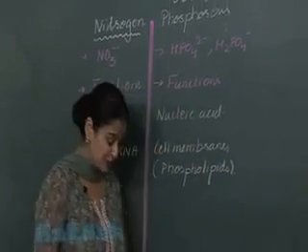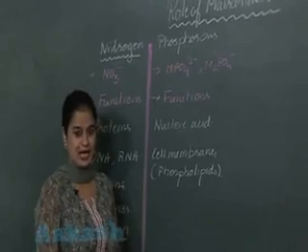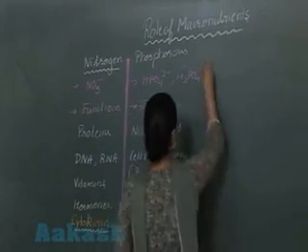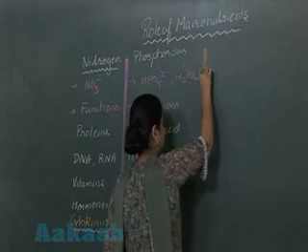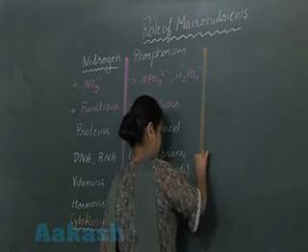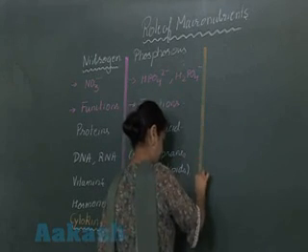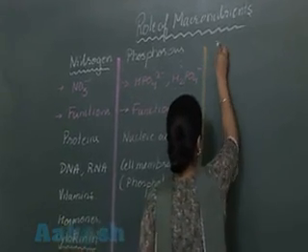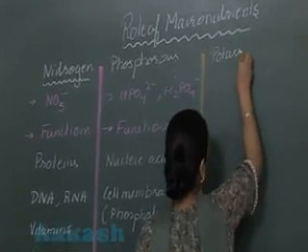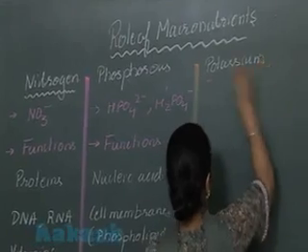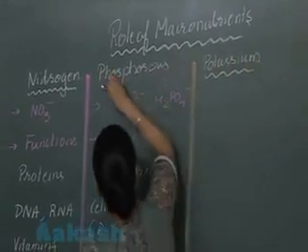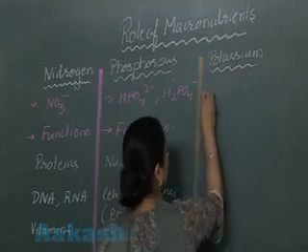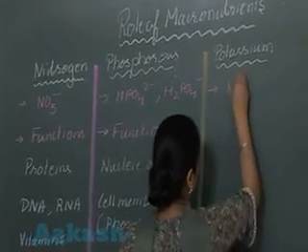Now after phosphorus, the next critical element is potassium. Potassium is absorbed by the plant from the soil in the form of potassium ions.